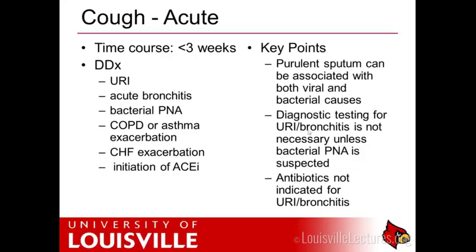That's really to look for bacterial pneumonia. And if you suspect a viral infection, like URI or bronchitis, definitely do not give antibiotics. I saw one figure that like 70% of patients in the United States that present with URI or bronchitis get antibiotics. So that is terrible.